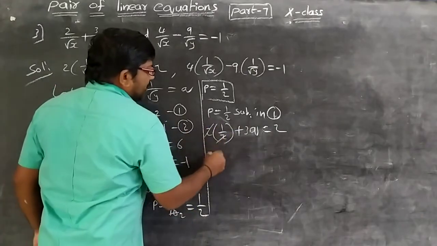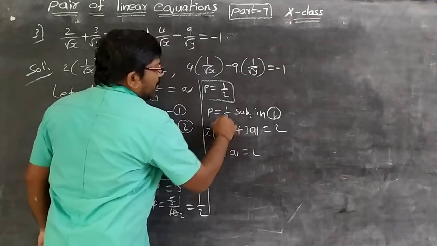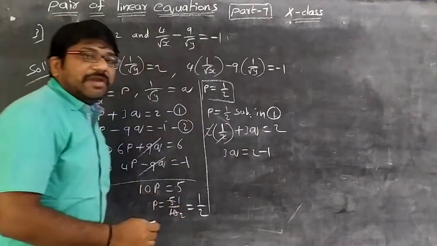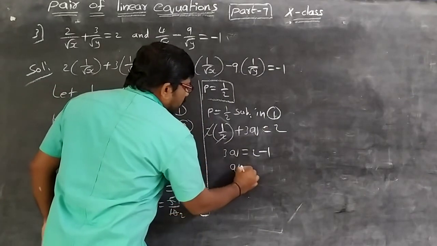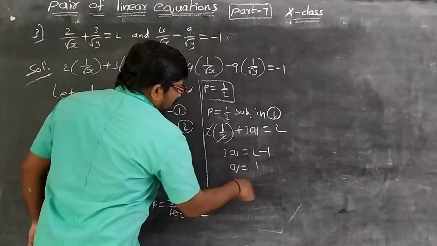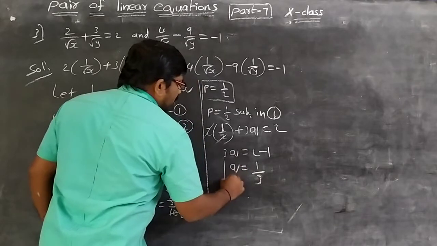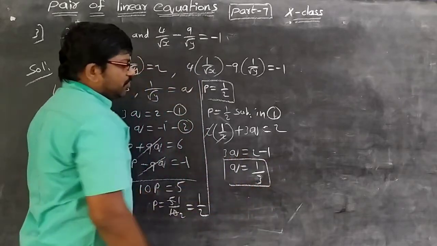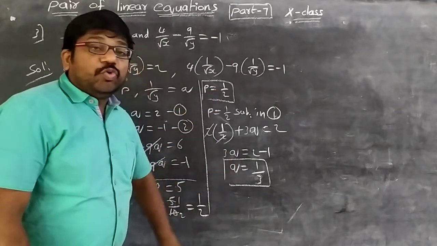Here the 2s get cancelled, then 3q is equal to 2 minus 1, since 1 becomes minus 1 after taking from left to right. Then q is equal to 1 by 3. So now we have the p value and the q value.